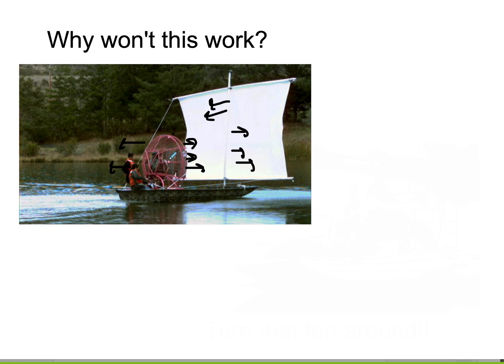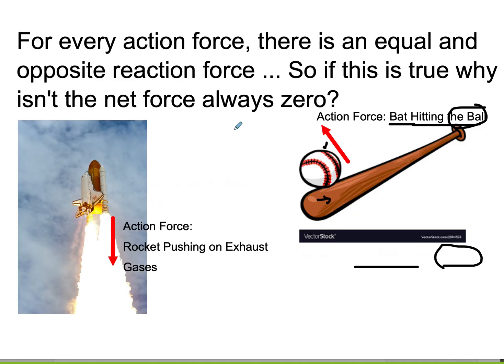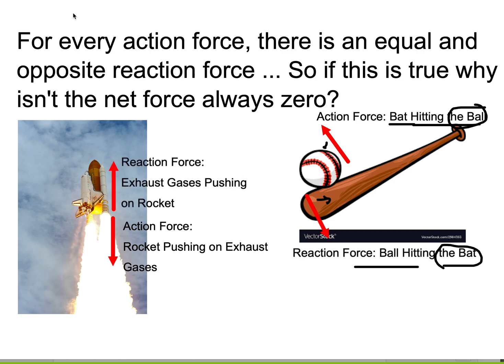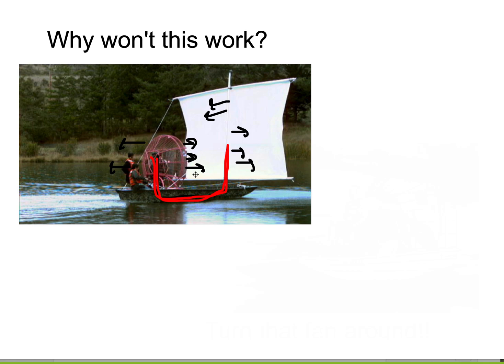The problem is that all of these forces are all acting on the same object. Remember when I said before, why wouldn't the net force be zero? And I said, well, that's because these action and reaction forces are acting on different objects. In this situation, the action and reaction forces are acting on the same object. They're acting on the boat. So this boat ends up going nowhere.